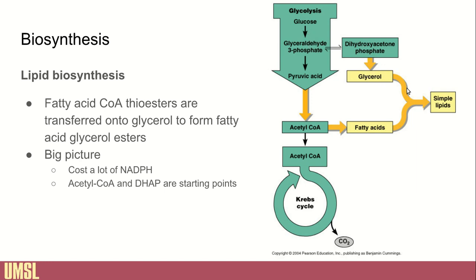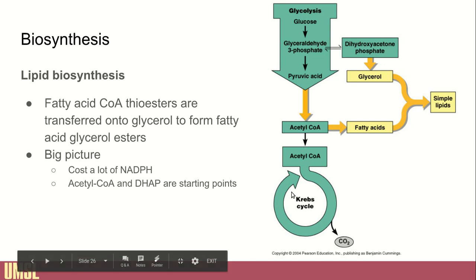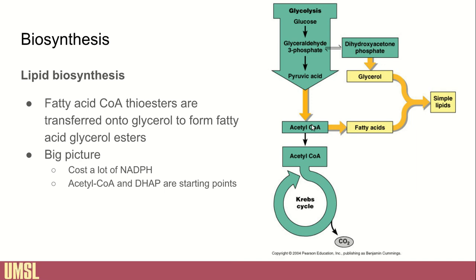Dihydroxyacetone phosphate provides the glycerol backbone. Now we're going to oxidize glucose down to acetyl-CoA, which can go into the Krebs cycle, or the citric acid cycle, or these acetyl-CoAs can be put into the acyl carrier pathway to produce fatty acids. These two, the glycerol and the fatty acids, are condensed to produce lipids.